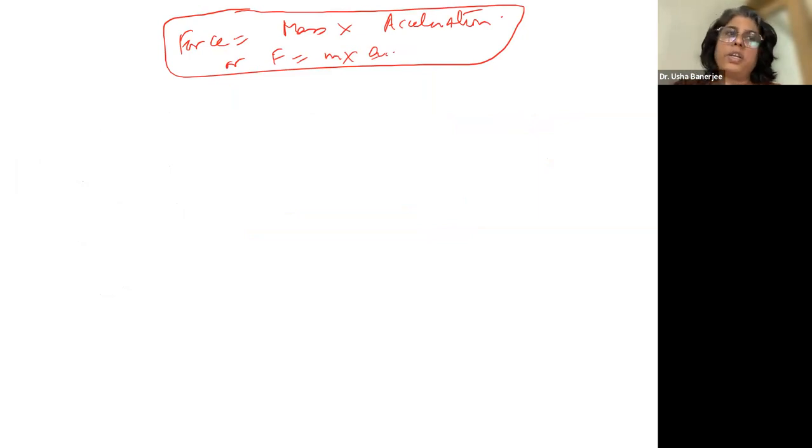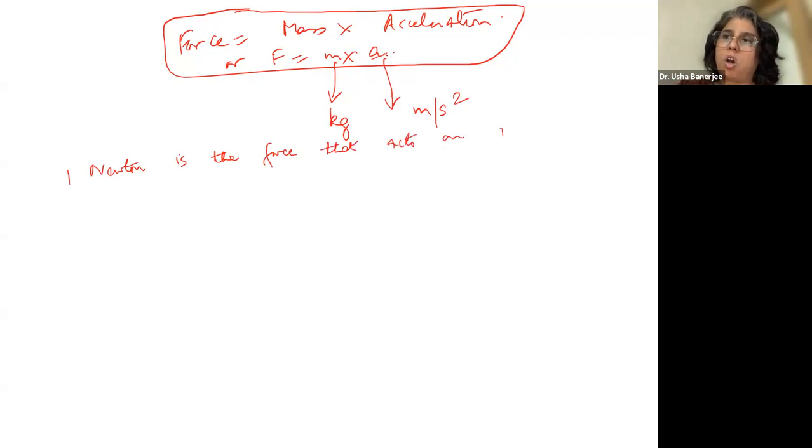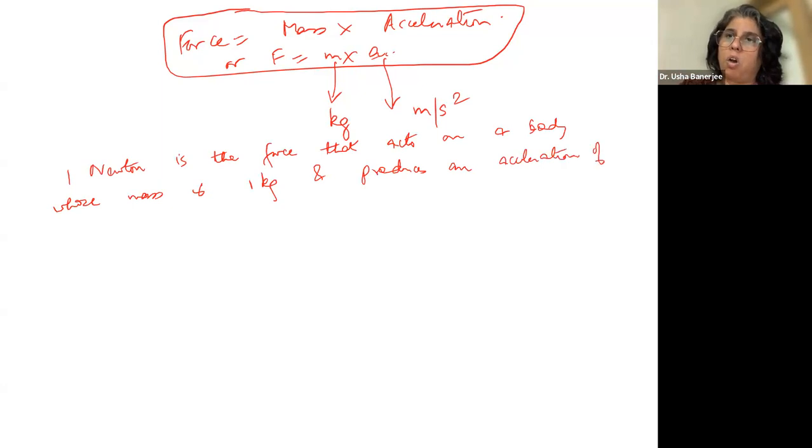What is the unit of mass? SI unit first, kg. What is the unit of acceleration? Meter per second square. So 1 Newton is the force that acts on a body whose mass is 1 kg and produces an acceleration of 1 meter per second square.